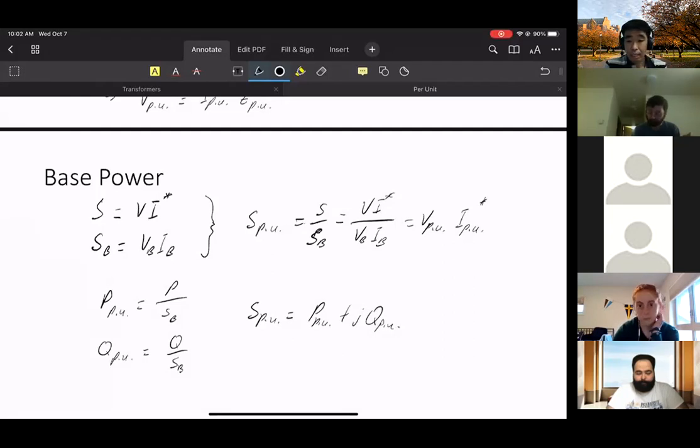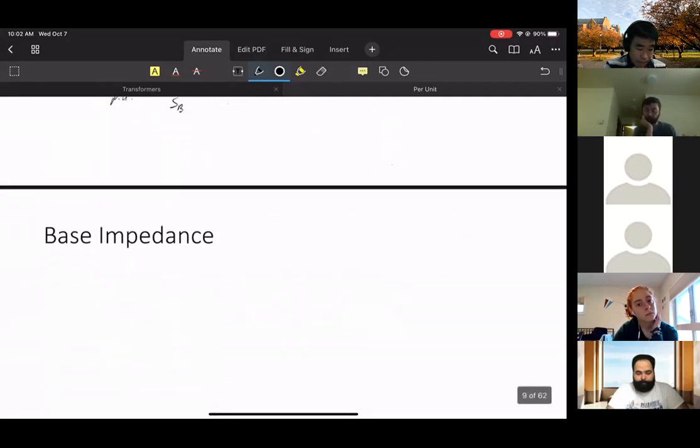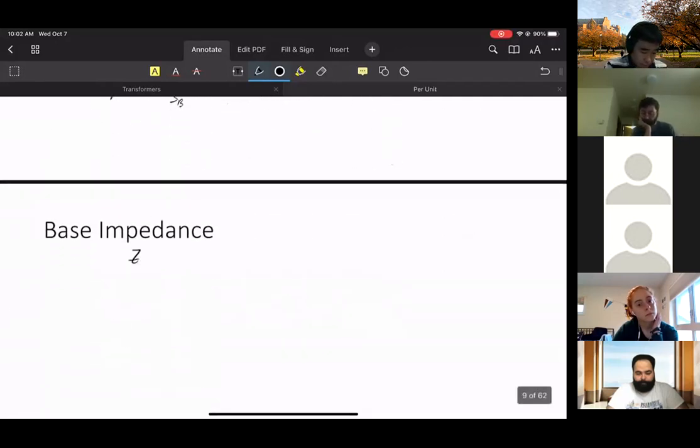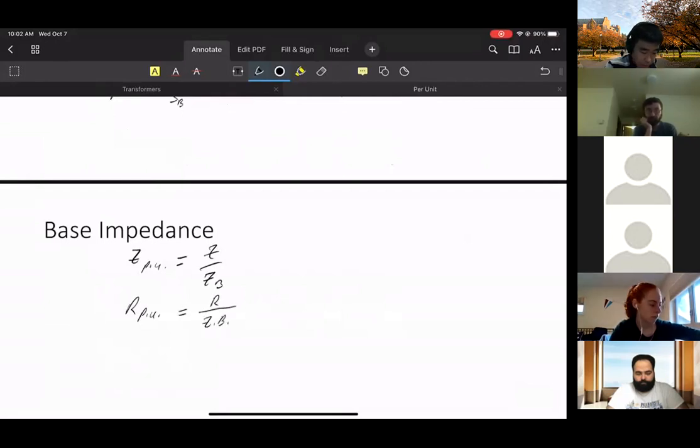And then we have base impedance. All this is exactly the same idea. You pick a base, and for the real and imaginary parts, we'll divide by the same base quantity.